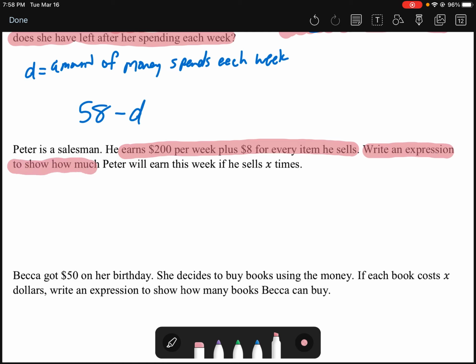I see that they want us to use X here. Big thing is, what does X mean? It says how much Peter will make this week if he sells X times. So X must be the amount Peter sells.